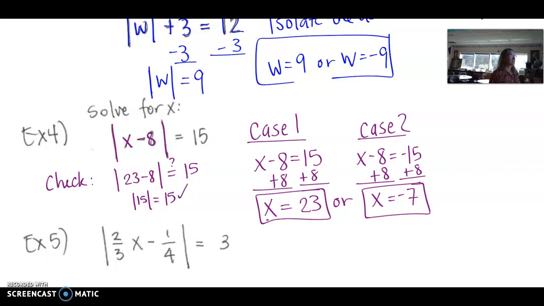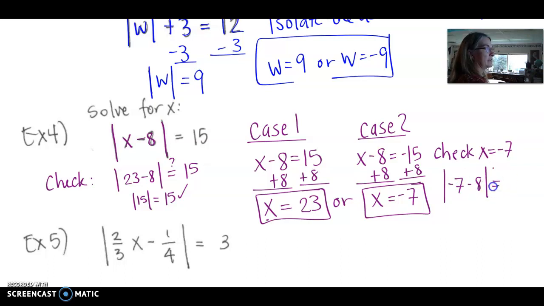That checks out. Now let's put negative 7 in there. We're going to check x equals negative 7. The absolute value of negative 7 minus 8, does that equal positive 15? Well, negative 7 minus 8 is negative 15, and when I take the absolute value, I do get a positive 15.